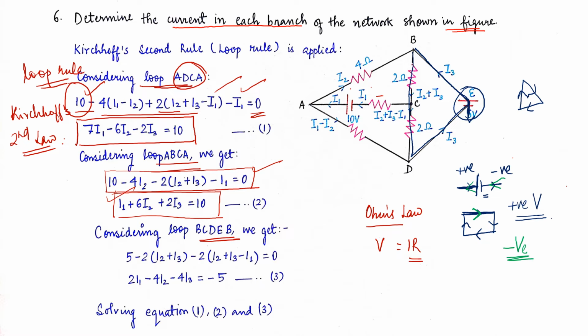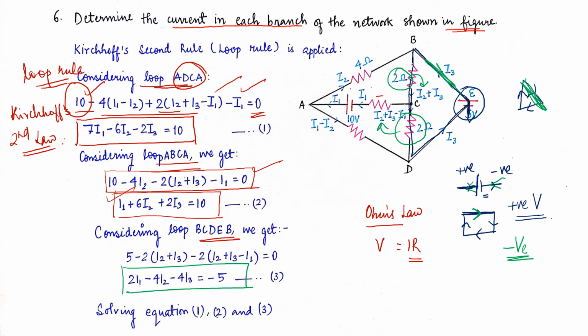So here the flow is in the opposite direction, so we will take minus 5, and then 2 into this, then 2 into this, and we will get our equation like this.